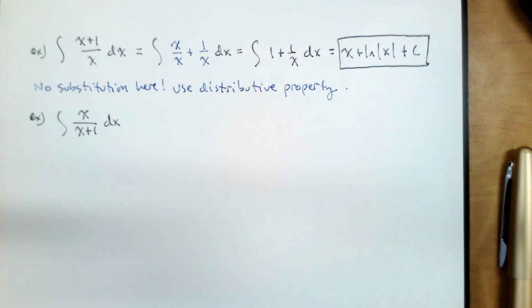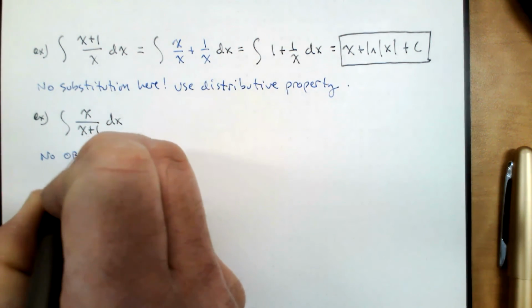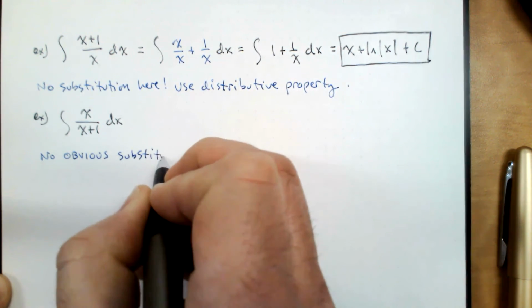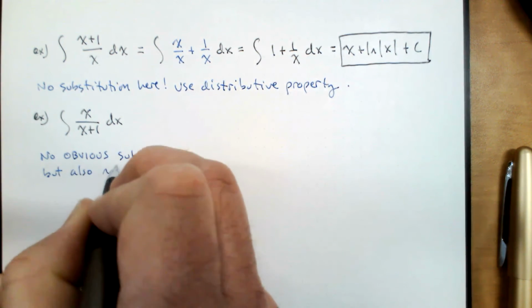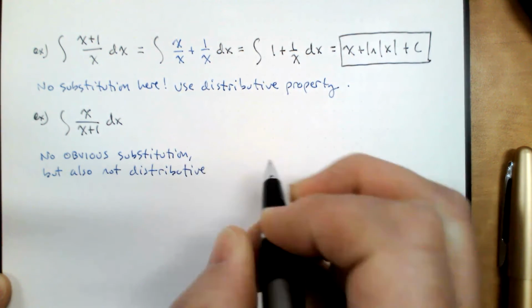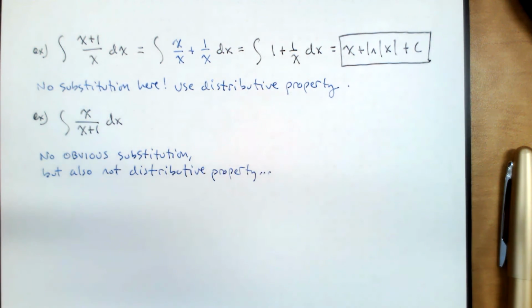So there's no obvious substitution, but it's also not the distributive property. So this one is a little bit sneaky.